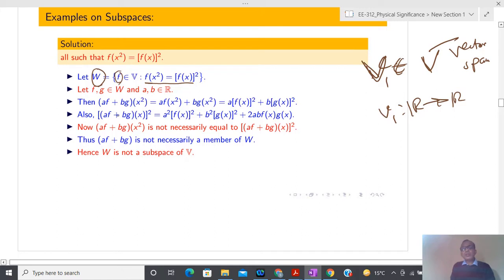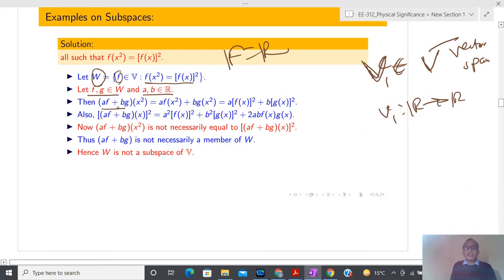I have already told you how to check for a subspace: you can select two general vectors F and G that belong to W. Here I am assuming the field element is a real number, so you can take two elements A and B from the field and define the linear combination. So in place of F, now you can write AF plus BG.